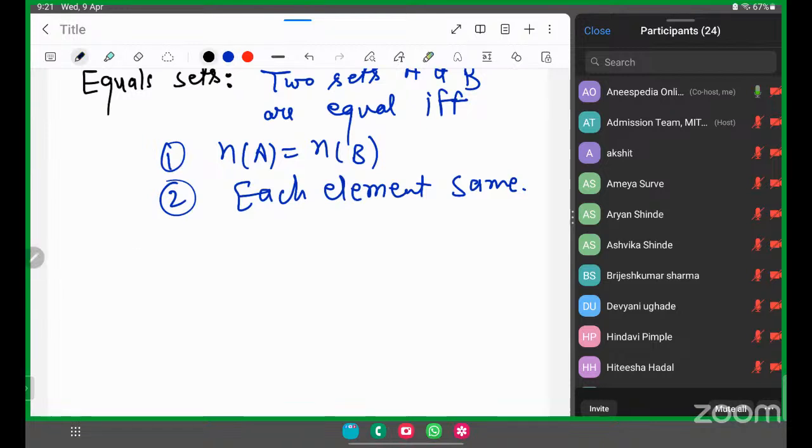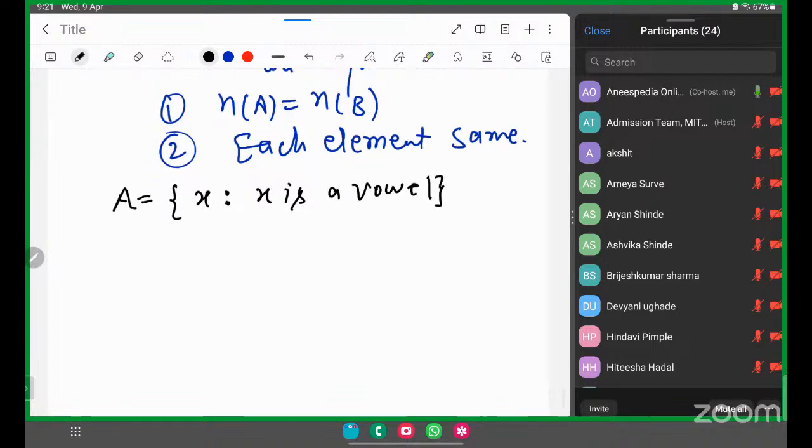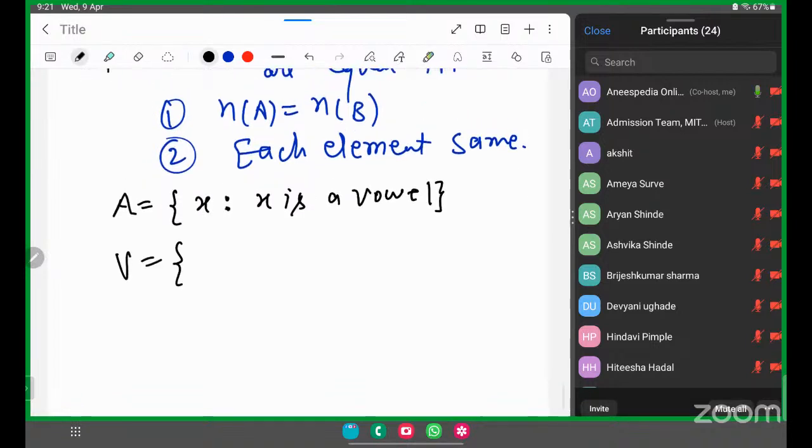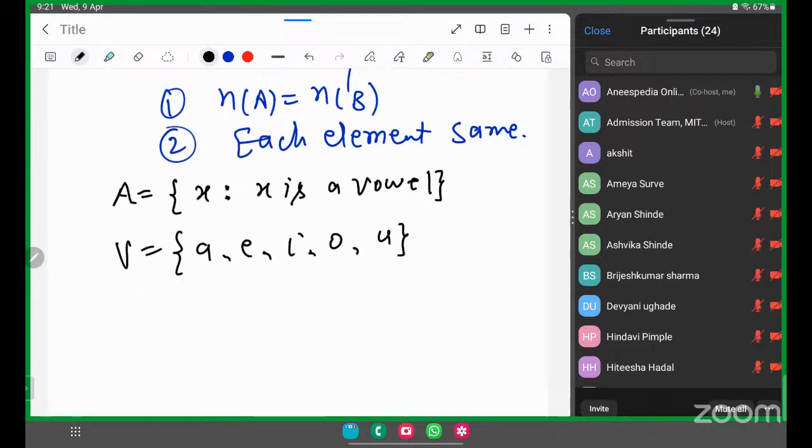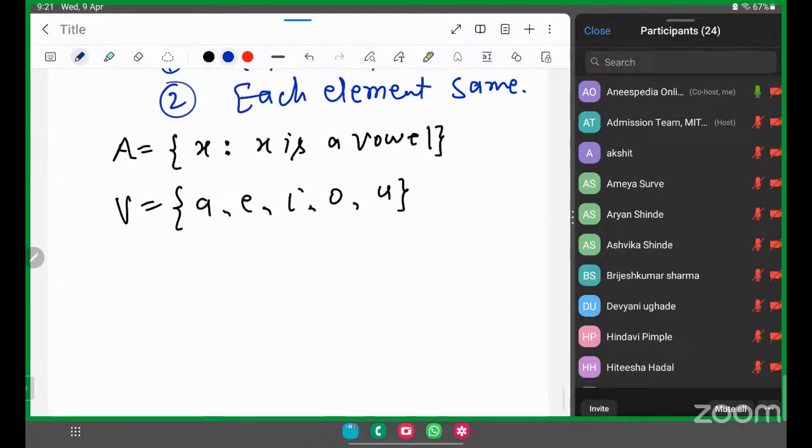For example, set A is x such that x is a vowel of English alphabet, and set V is A, E, I, O, U. So we know that set A and set V will have exactly same elements in number and in property.